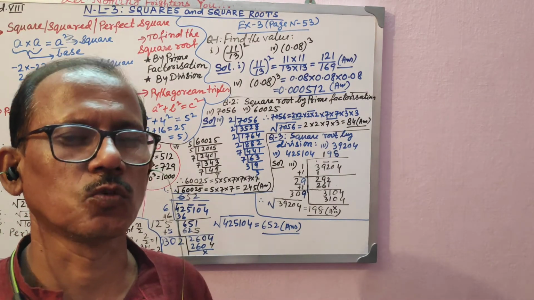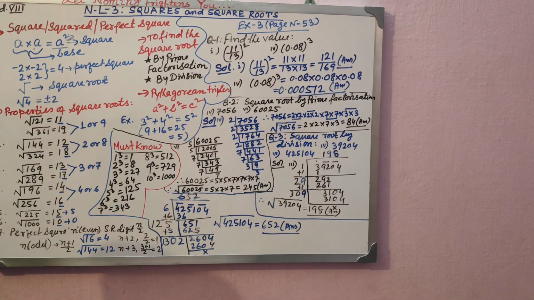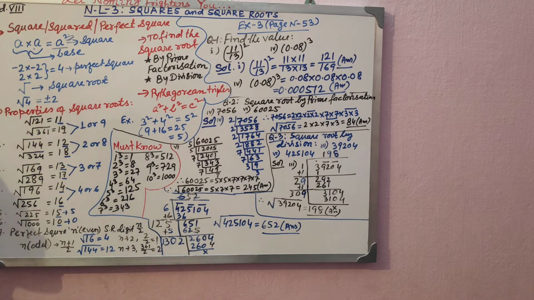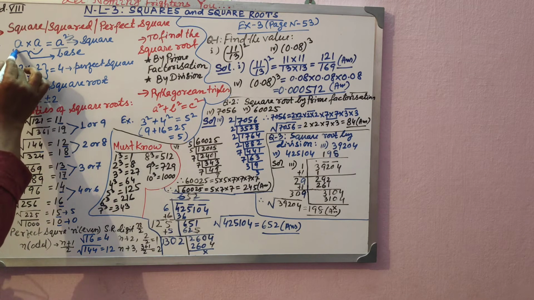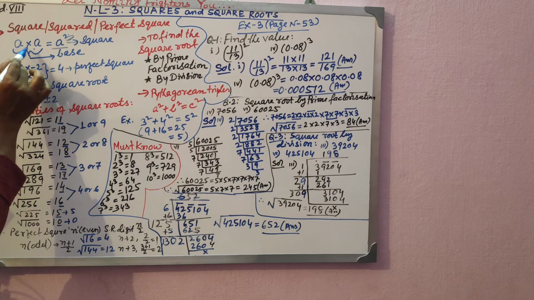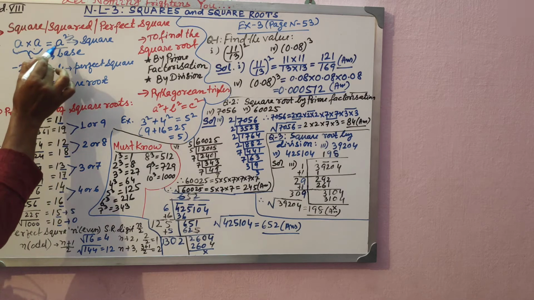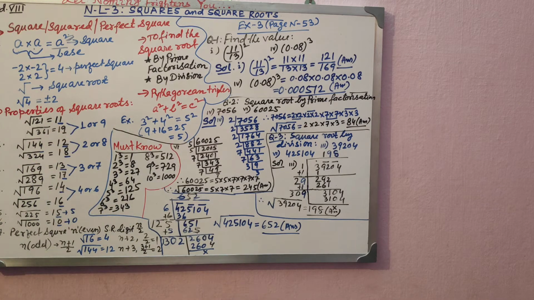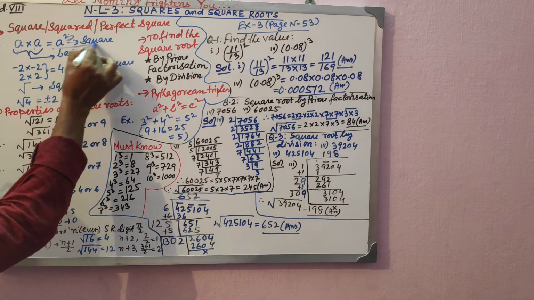When the power is 2, that is called square or squared. Could you understand me? Suppose a is a variable, then a multiplied by itself will take the form of a to the power 2, a raised to the power 2. So that time it is called a square.